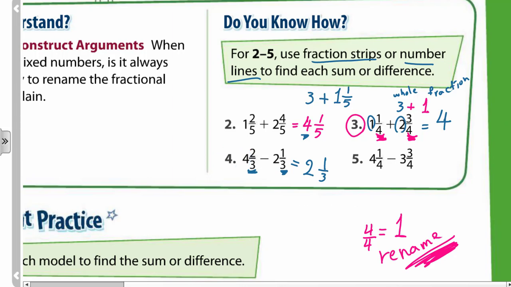Okay, my heroes, I have a problem here with question number 5. I have this problem, 1/4 minus 3/4. It's not wrong, because the first number is more than the second.